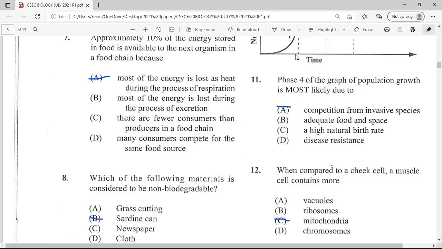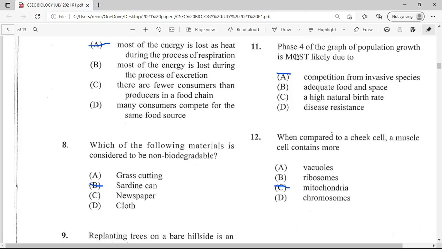Now, which of the following materials is considered to be non-biodegradable? Non-biodegradable means that it will not degrade or it's going to take a long time to degrade. Grass cuttings are organic, so they are going to decay in no time. Earthworms and fungi and bacteria will take care of that.